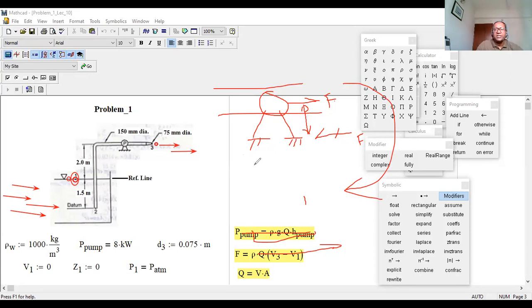That means this support will experience a force in the upward direction and this support in the downward direction. So you have to put a reaction force over here and over here. So the support will experience two forces, this force and also some vertical force. Okay. Anyway, you got your answer, right?